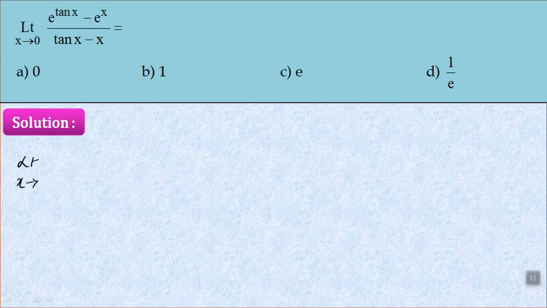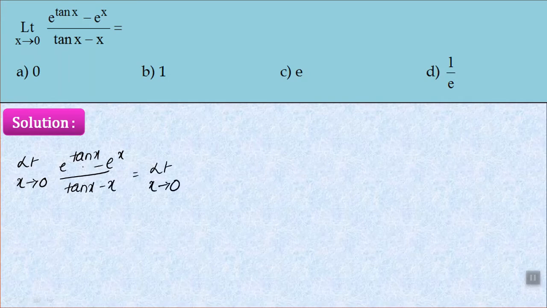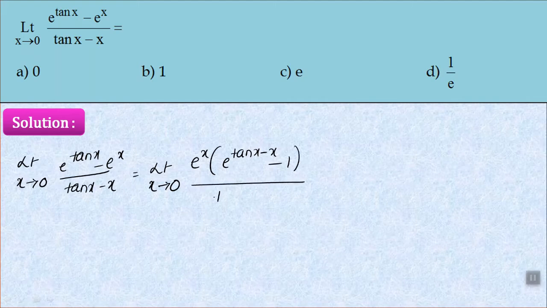Limit x tends to 0, (e power tan x minus e power x) divided by (tan x minus x) is equals to. Here we take e power x as common, so e power tan x divided by e power x can be written as e power (tan x minus x) minus 1, divided by (tan x minus x).